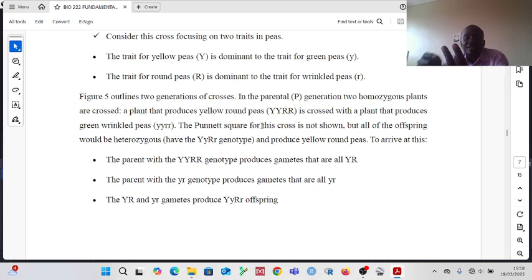Those are two traits. Yellow is color, round is shape. So color is coded for, in this case, by a homozygous dominant, so Y. Shape, round, is also coded for by a homozygous genotype, capital R. So this plant, which produces yellow round peas, we are crossing, or allowing it to mate, with another plant that produces green and wrinkled peas.